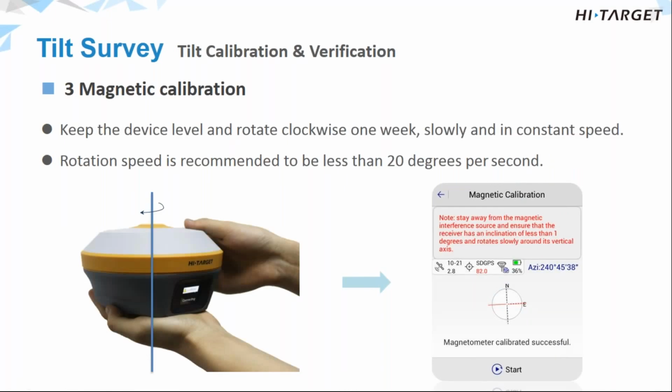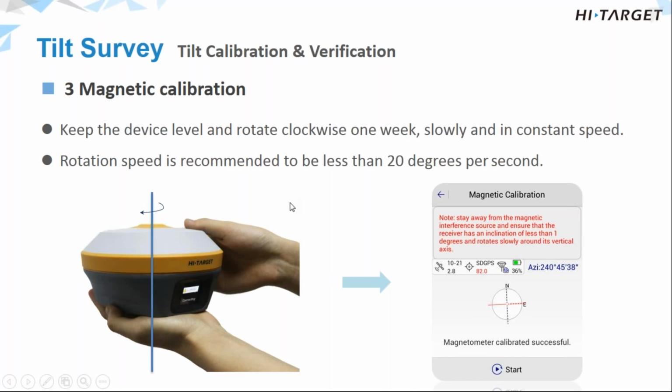So you can see this picture. This picture is about how to do the magnetic calibration. Firstly, you need to keep the device level and then rotate clockwise one full turn, slowly and at a constant speed.